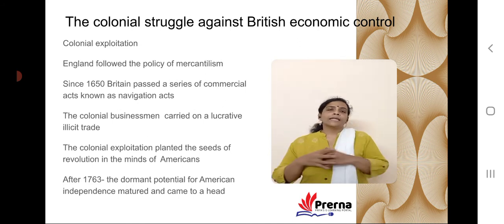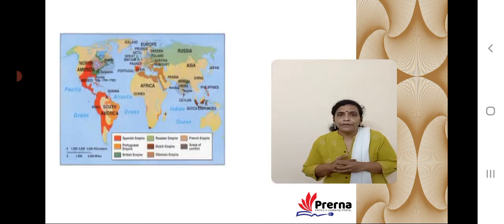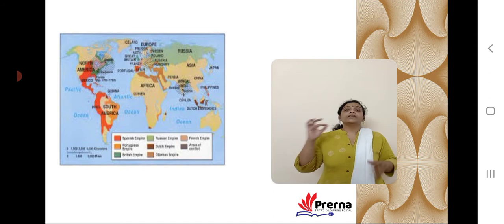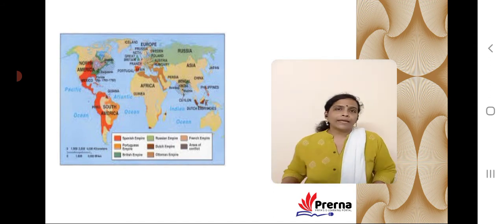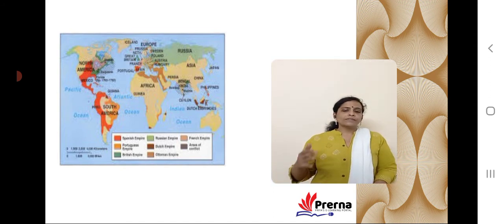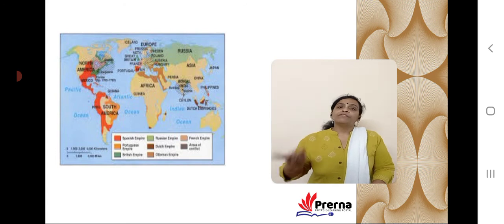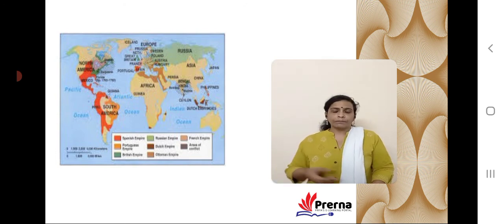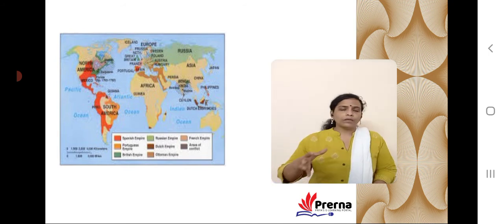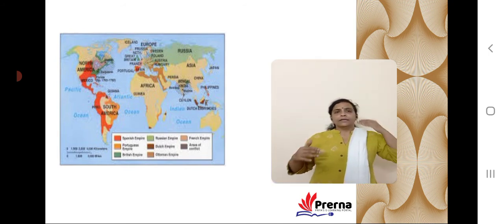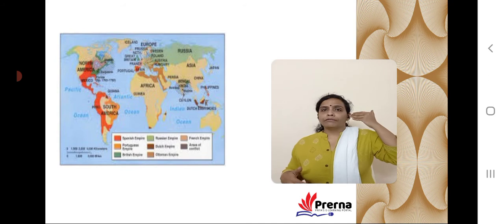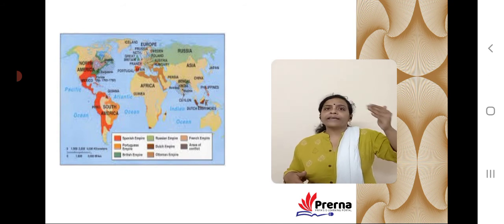But you can see that a lot of changes happened after the 7 Years' War that came to an end in 1763. So the 7 Years' War made Britain victorious. Britain was the ultimate winner of the 7 Years' War. That means they did not have that fear of the French being there in Canada.